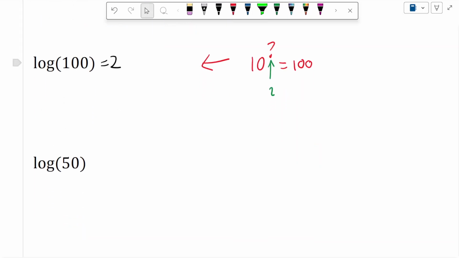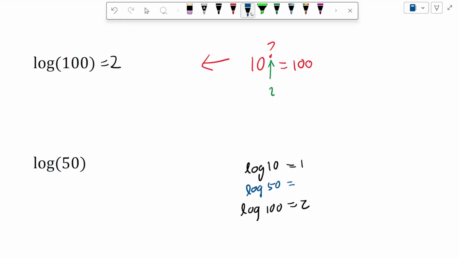Now, logs are nice continuous functions. So if we have log of 10 is 1 and log of 100 was 2, maybe log of 50 should be, I don't know, maybe in the middle, 1.5, 1.6, something like that. So let's check that.